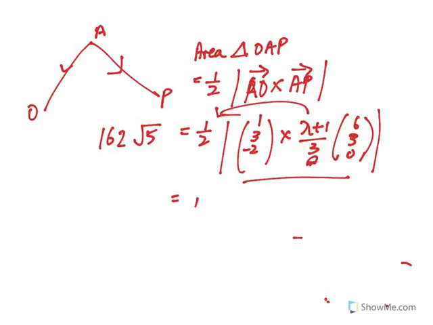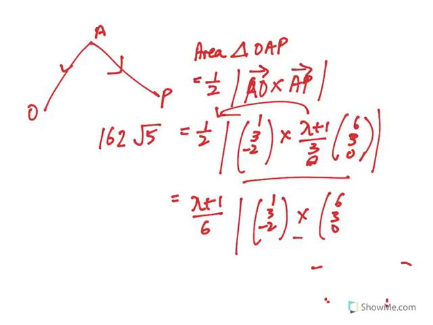So we rewrite this as lambda plus 1 over 6, and 1, 3, negative 2, scalar product with 630.